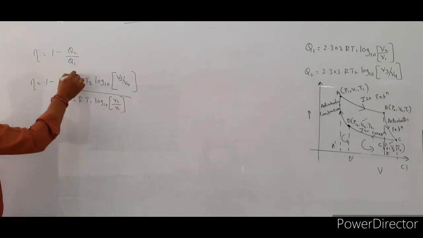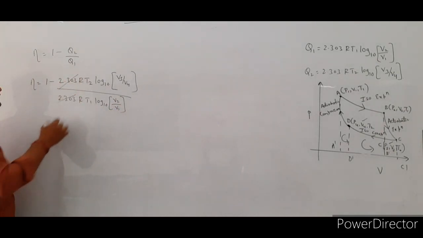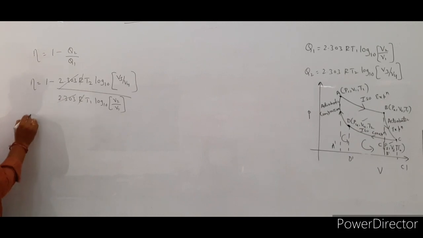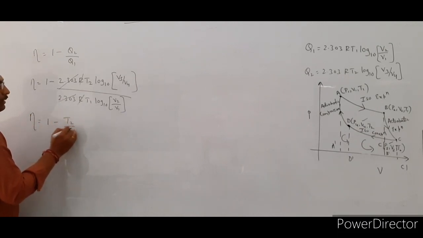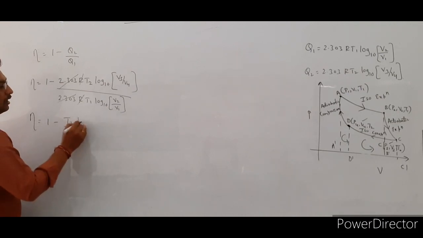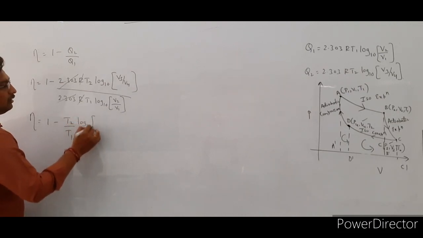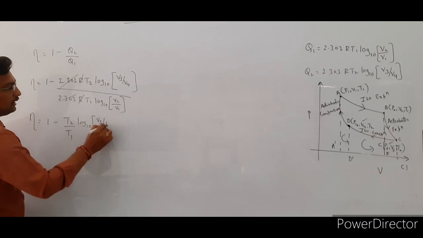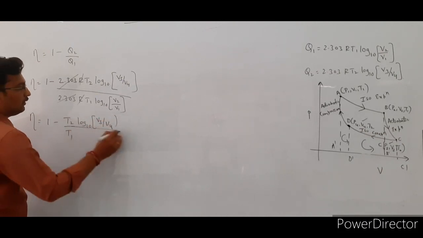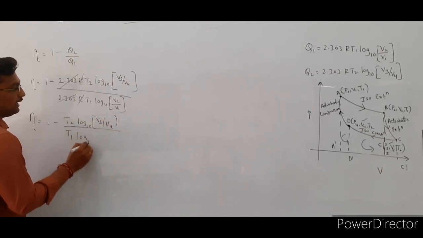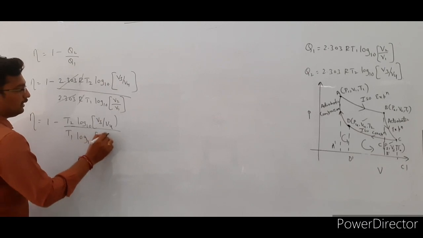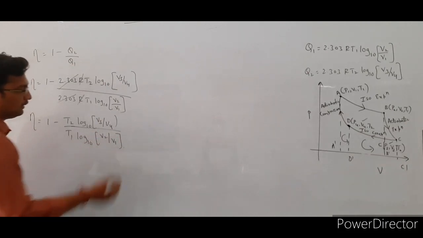So in this case 2.303 cancels, R cancels. What are the remaining terms here? That is eta is equal to 1 minus T2 by T1 times log base 10 V3 by V4 divided by log base 10 V2 by V1.